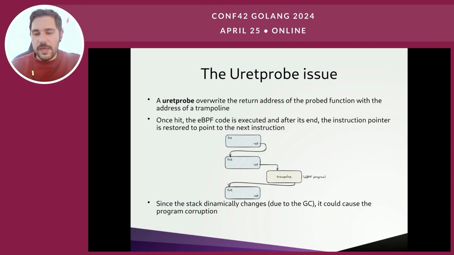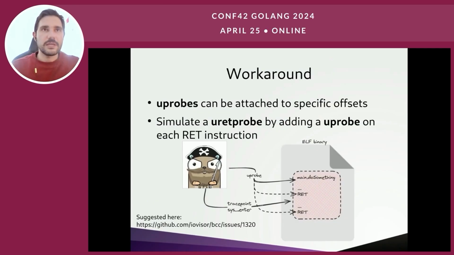So I had to find a way to solve this issue, and luckily for me, I found a workaround on the internet. The workaround starts from the fact that uprobes can be attached to a specific offset.